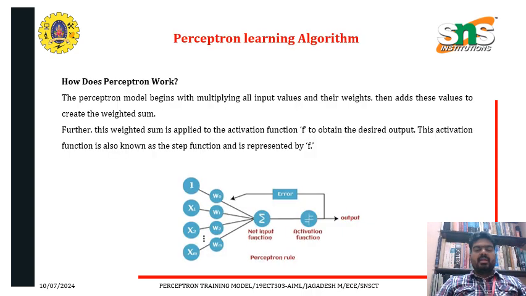So, how does the perceptron learning algorithm actually work? The perceptron model begins by multiplying all input values with their weights, then adds these values to create the weighted sum. Furthermore, this weighted sum is applied to the activation function f to obtain the desired output. This activation function is also known as the step function and it is represented by f.